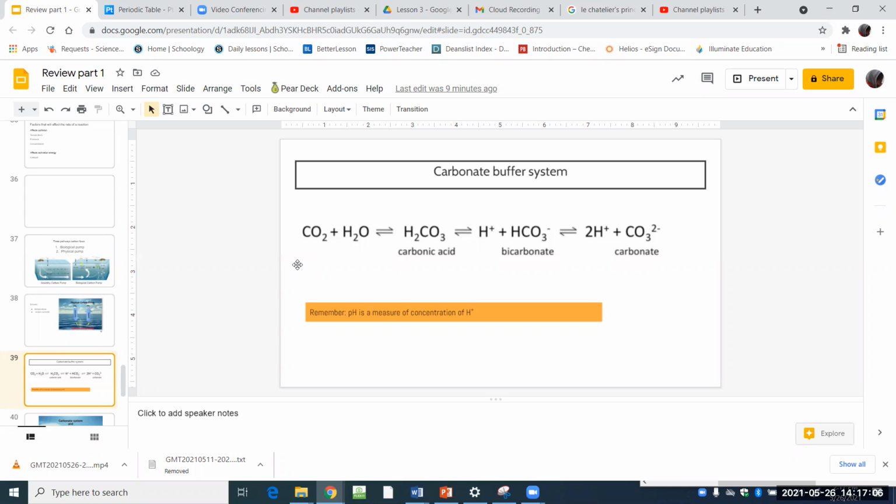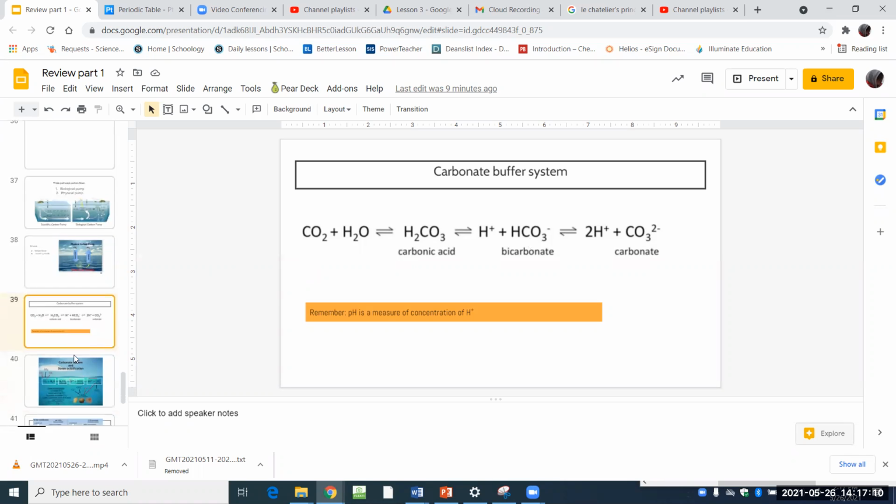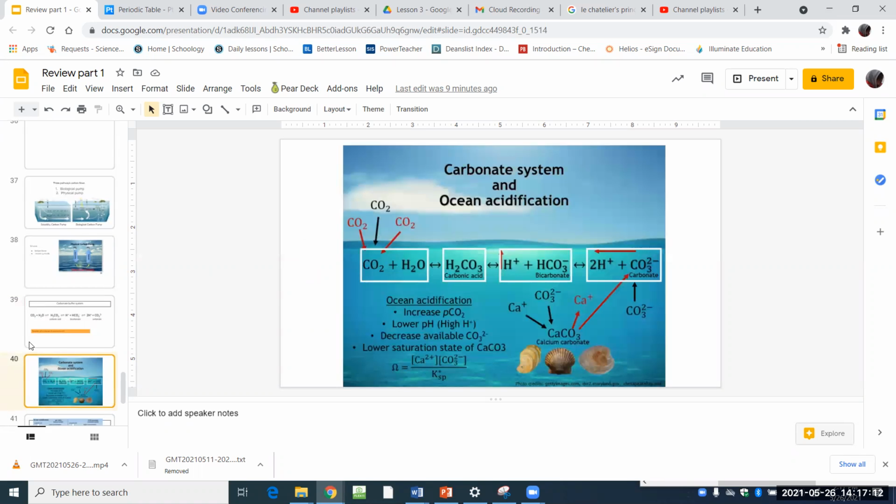It's going to act the same way. So, a few ways for you to think about this, putting it in the context of ocean acidification: you have carbon dioxide entering through the physical pump, and it gets dissolved, and then it becomes carbonic acid.